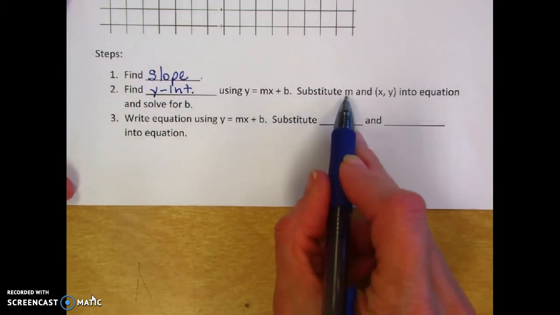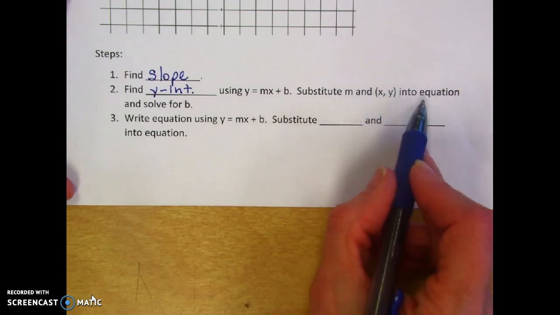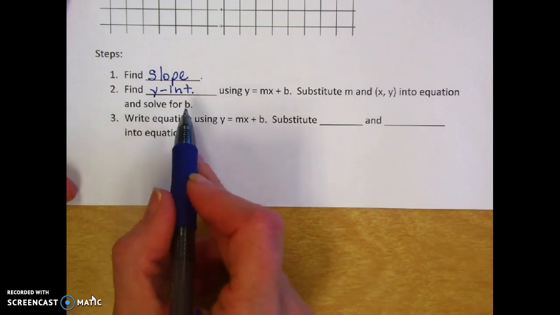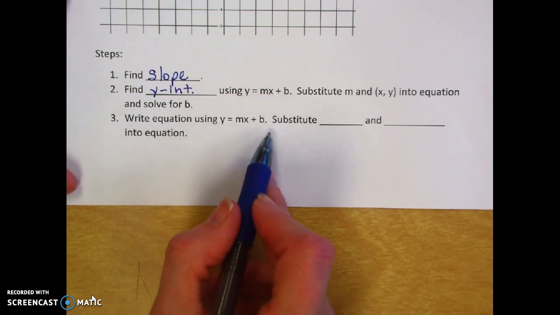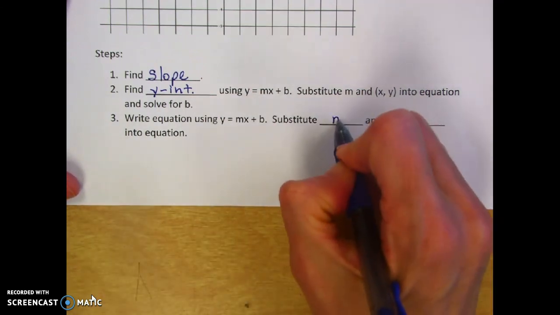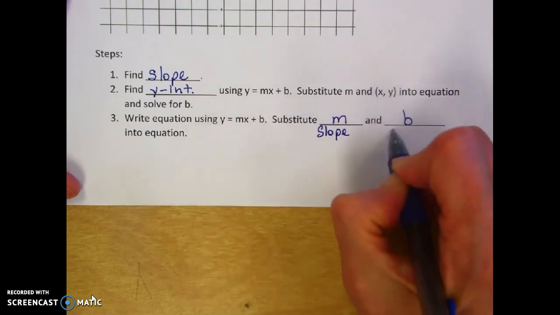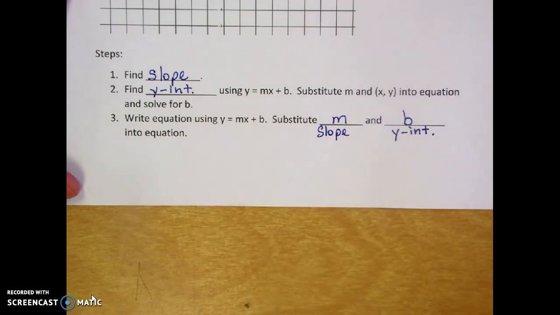We are going to substitute m and an xy coordinate into the equation, and we're going to solve that equation for b. After we've solved that equation for b, then we're going to write the equation y equals mx plus b, substituting in your slope and your y-intercept into the equation. And there's your equation for the line.